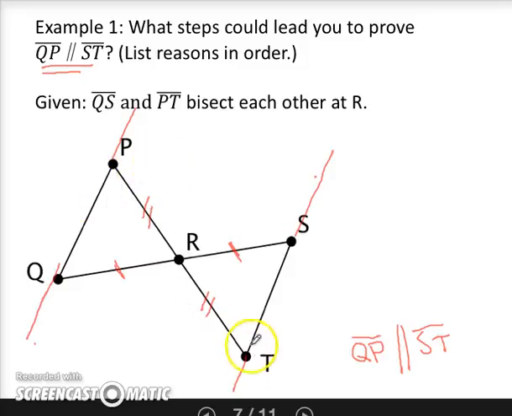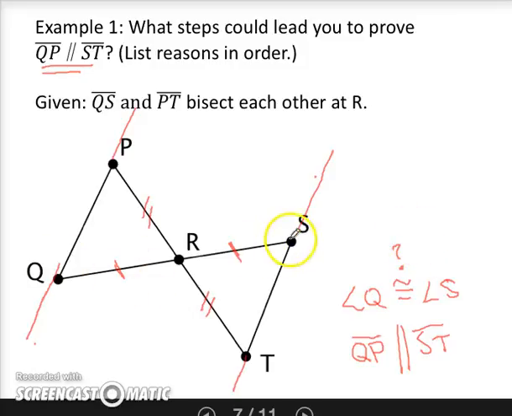Well, I have alternate interior angles, two pairs of them in fact. So if I could prove angle S and angle Q were congruent to each other, then I would be all set. I would be able to say that these two lines were parallel. So I'm going to say angle Q is congruent to angle S with a question mark on it. That would be one way I could go about this proof.